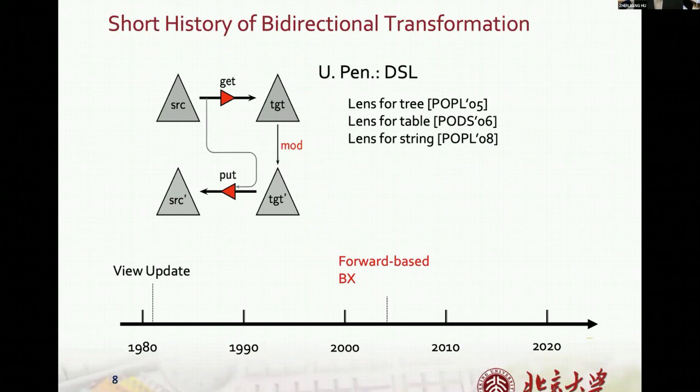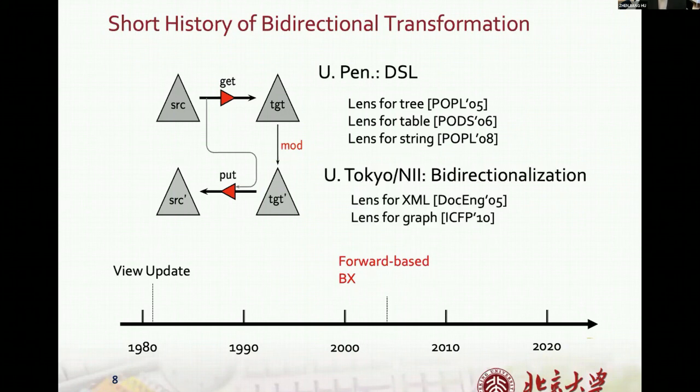And then because it's domain-specific, you can automatically derive the backward semantics from that language. So they defined a series of languages called lenses: a lens for trees to manipulate synchronization over the bidirectional transformation between trees, a lens for tables, a lens for strings and text. So this is one method.